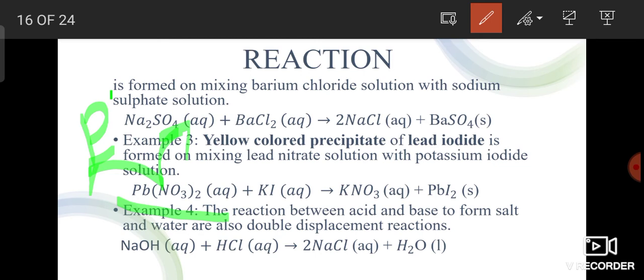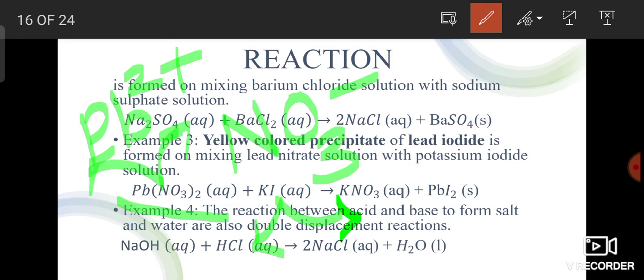Lead ion is Pb2+ and nitrate ion is NO3-. This is the cation and anion which is there in lead nitrate. Next one is potassium iodide. Now potassium iodide when dissolved in water will give potassium ion, which is K+, and iodide ion, which is I-.